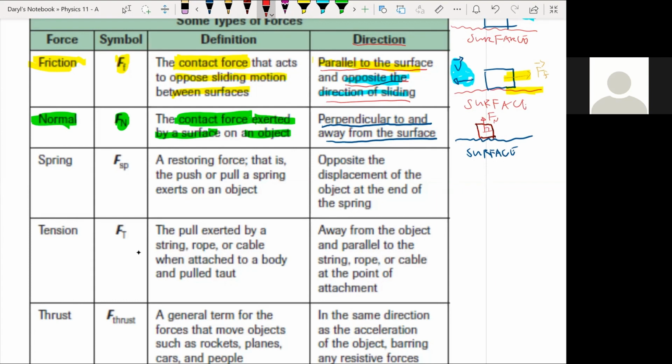If your surface is here at the bottom, normal force is upward. And if you reverse it, as long as it's perpendicular. Make no mistake: this is perpendicular to and away from the surface. It's different from friction, because friction is parallel to the surface. This one is perpendicular. When you say perpendicular, it is 90 degrees from your surface. This particular symbol means perpendicularity.